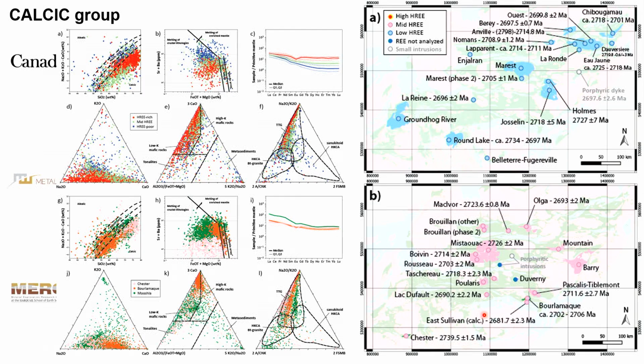Last thing I'm going to say: if you pay attention to the age of these intrusions, there are some inherited zircons that are not shown here. There are some older phases, like a 2.8 Ga tonalite gneiss here in the Chibougamau area in the Anvil Pluton, which is probably from the older basement. But if you put that aside and look at their age, most of these tonalite have been produced after 2725 or 2720 Ma.